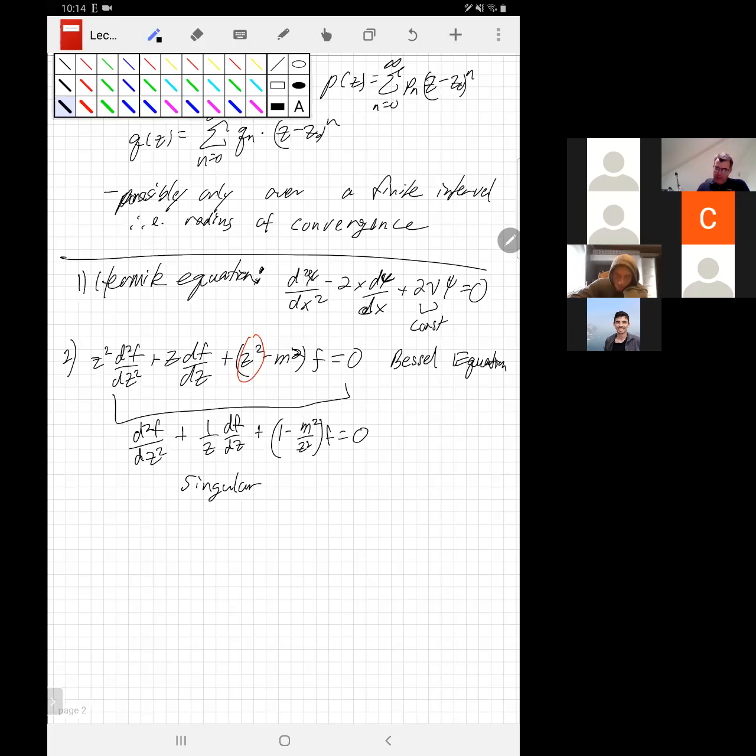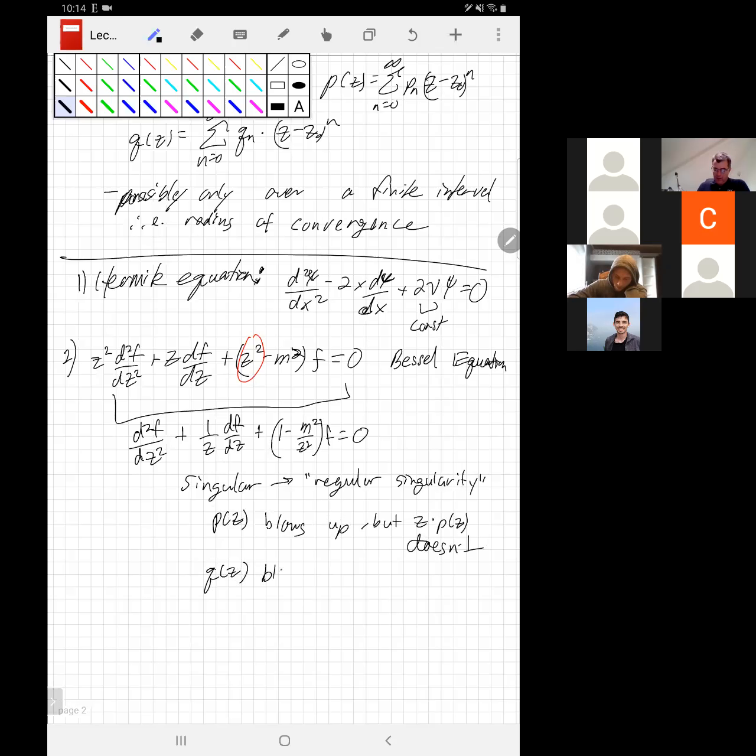Okay, what I mean by it's singular, but it's a regular singularity, which is a special term that essentially means that although P of z blows up, z times P of z doesn't.